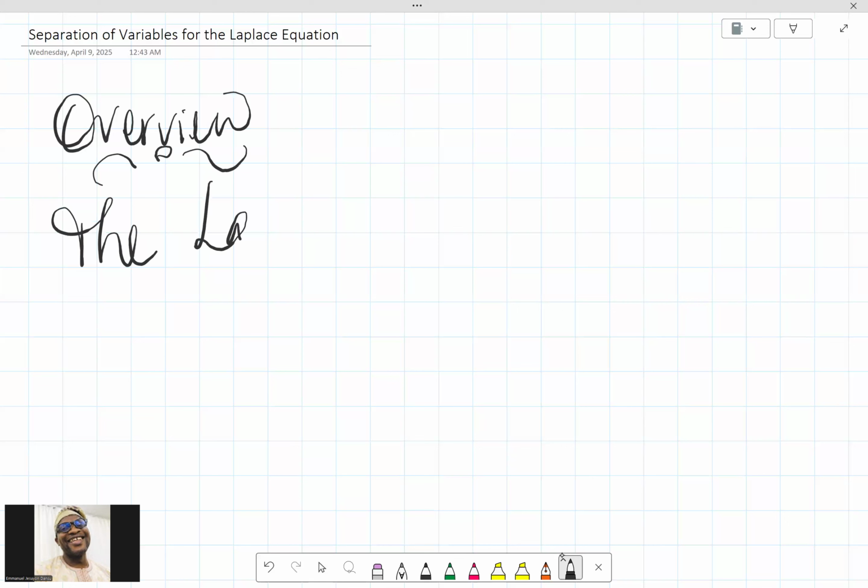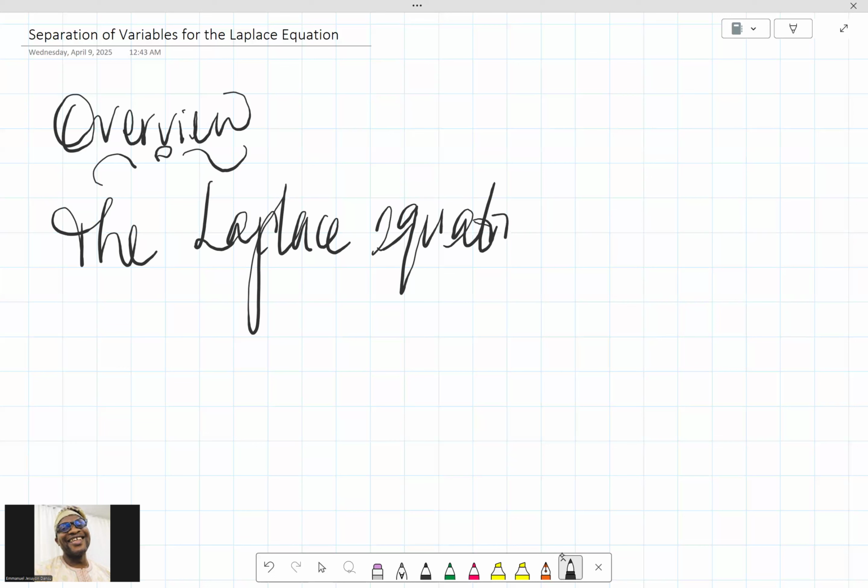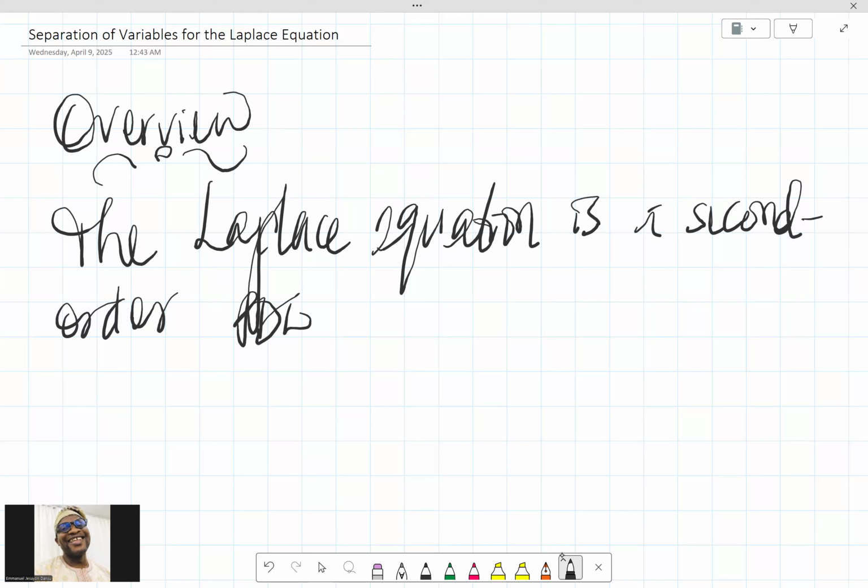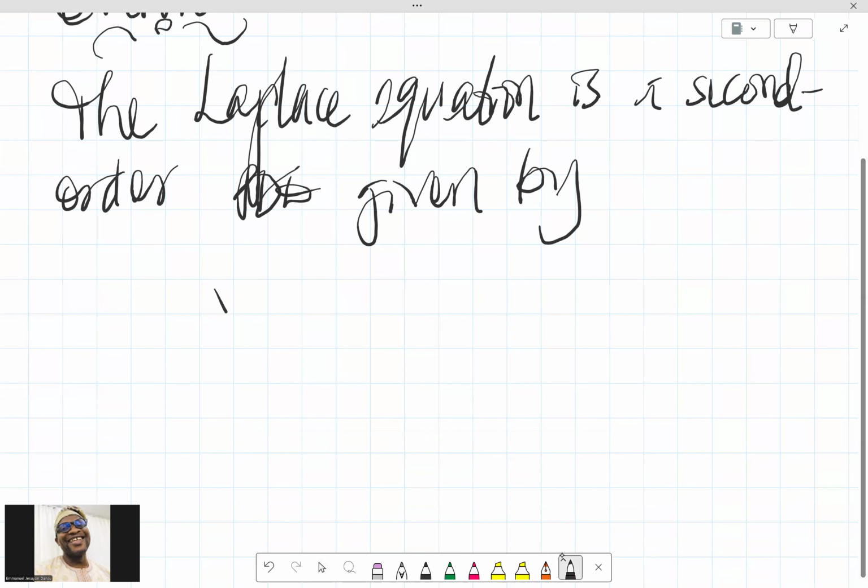The Laplace equation is a second order partial differential equation given by nabla squared u equals 0.